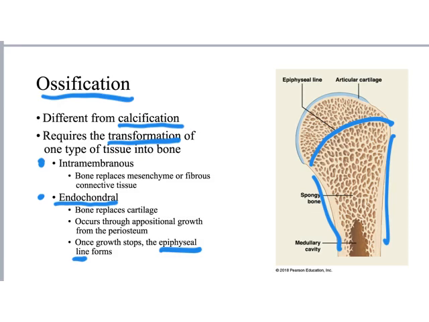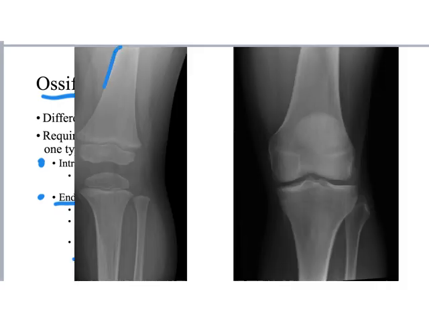So this is a picture of probably a young adolescent, maybe a 12 or 13-year-old, and we're looking at the leg. This is the femur here, and then we have the tibia here and the fibula here. What you notice at the end of all of these bones is this opening.